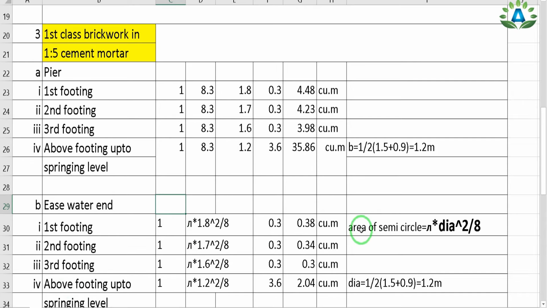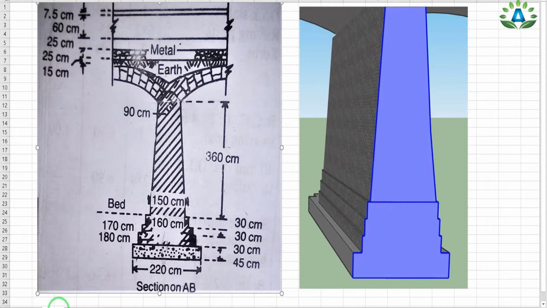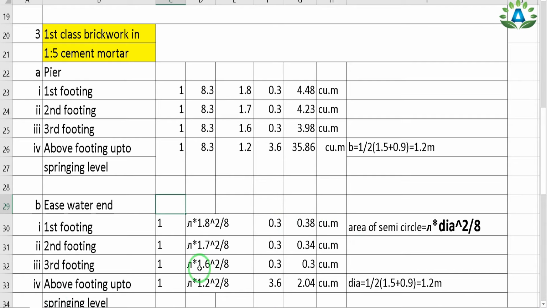So we can easily write the area of the semicircle equals pi into diameter square by 8, where diameter equals 1.8 meter, and we have to multiply the area by its height. So the height, this portion is our first footing having the height of 30 centimeter. So we can write the height equals 0.3 meter, and we get 0.38 cubic meter.